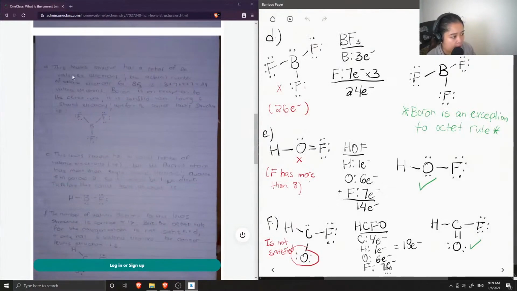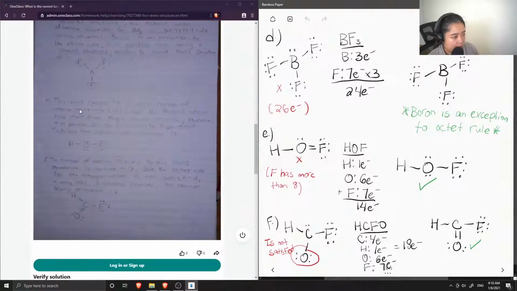For D, this Lewis structure has a total of 26 valence electrons. The actual number is 24. Boron is an exception to the octet rule. It is satisfied with having 6 shared electrons. Therefore, the correct Lewis structure has the boron without containing an extra lone pair.